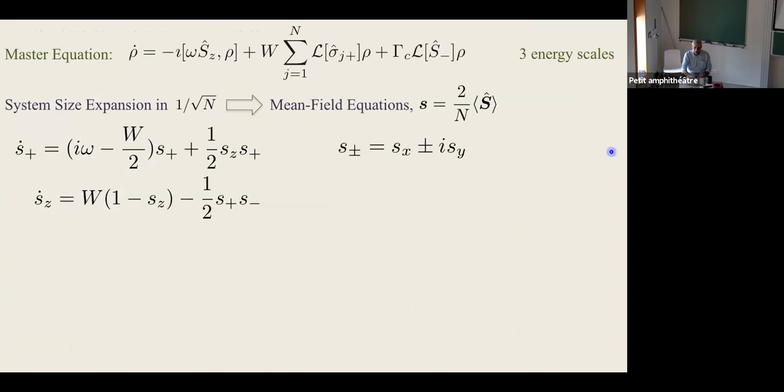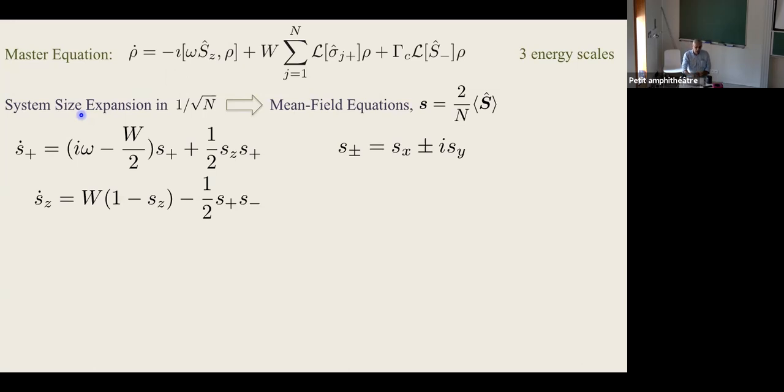So let's take a look at this master equation. There are three parameters with units of energy in it. By choosing energy units, we can get rid of one of them. So let's say we get rid of gamma c. Next we do a system size expansion, using, for example, Carmichael's textbook on quantum optics.